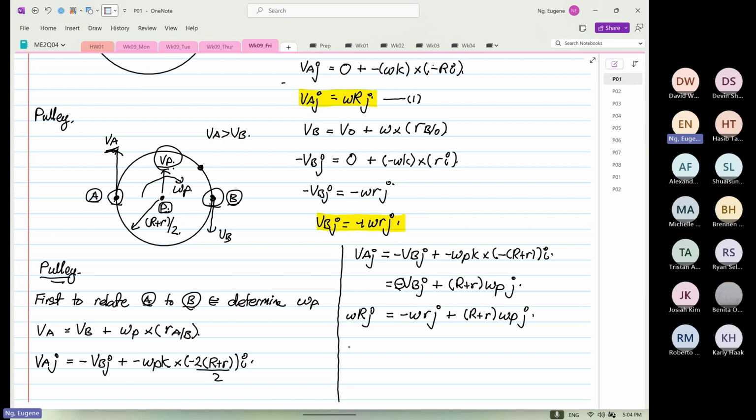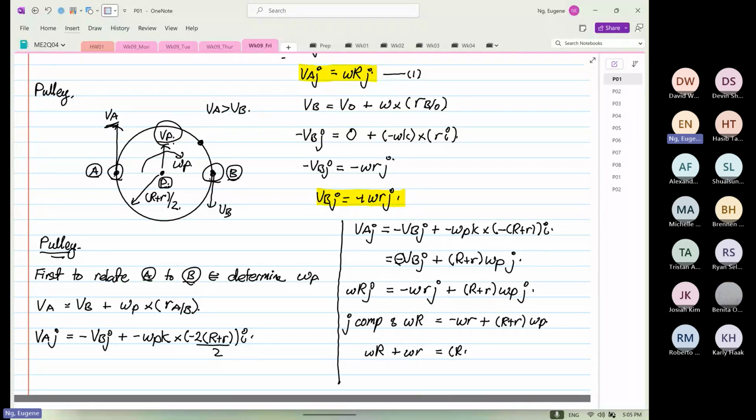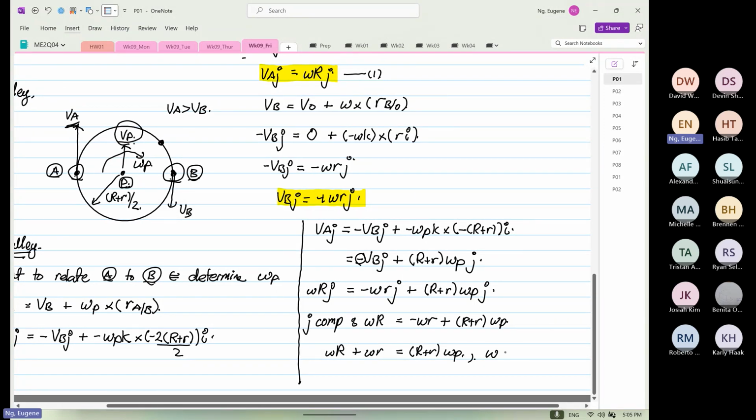So from here, by just focusing on the J component, we know that omega R plus omega R is equal to minus omega R plus R plus R omega P. So from here, we have omega R plus omega small r is equal to R plus R omega P. So what we've just shown is that omega is equal to omega P. We have just shown omega is equal to omega P. And it's important to relate.